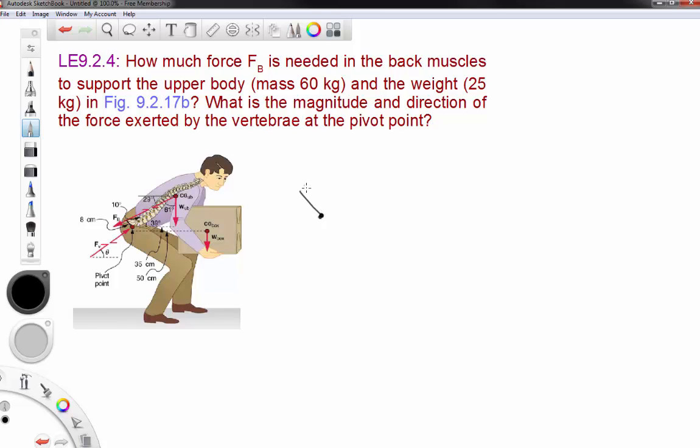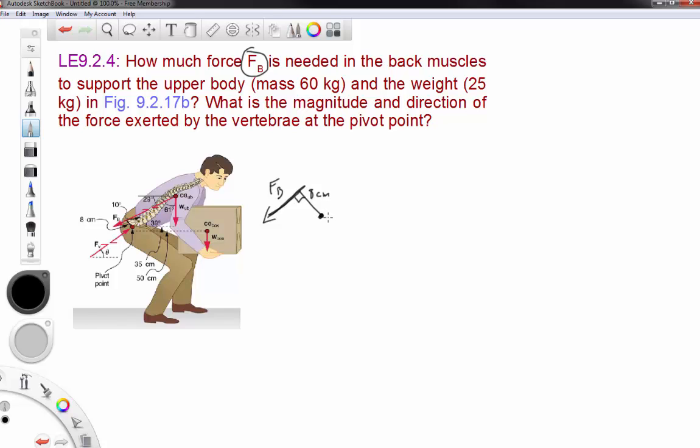Basically the back muscles are applying some force along his spine, and that is this F back, which is the thing that we actually need to solve for. And this distance is given as 8 centimeters. So this actually is perpendicular. That's one of our distances.